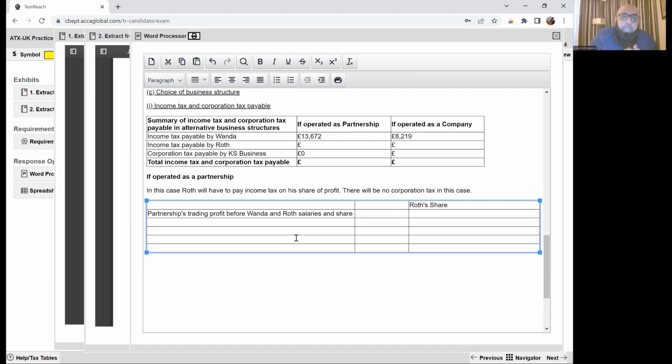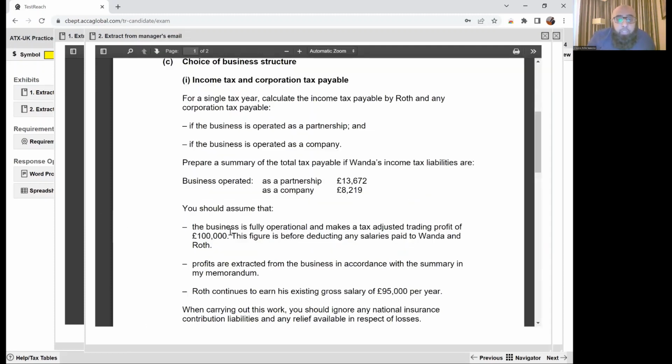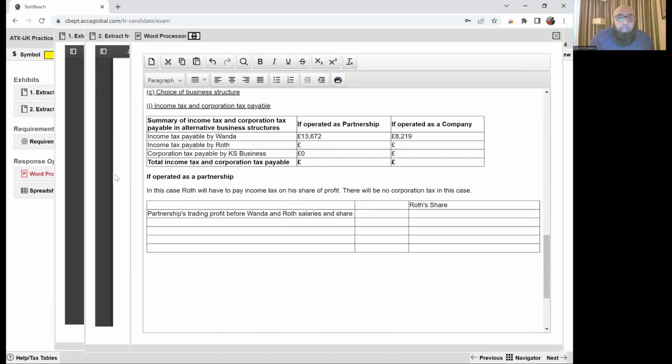So what is the partnership's trading profit? It is 100,000. The business is fully operational and makes a trading profit of 100,000. This figure is before deducting amounts paid to vendor and ROT. So I'll write £100,000 here.